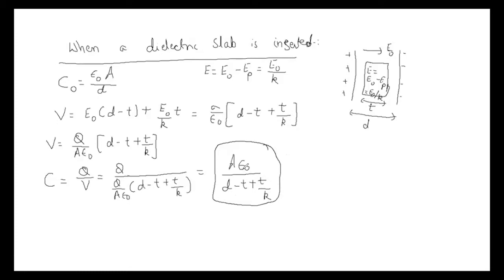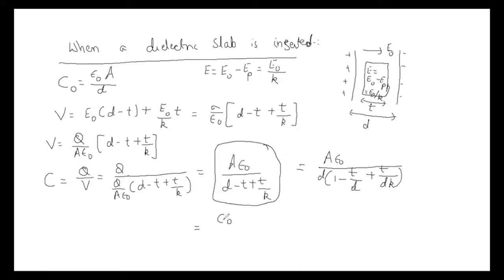Now in terms of C naught, how can it be written? A epsilon naught upon, take this D common in the denominator, inside the bracket 1 minus T upon D plus T upon D into K. K is the dielectric constant. Now we know that A epsilon naught upon D is C naught.